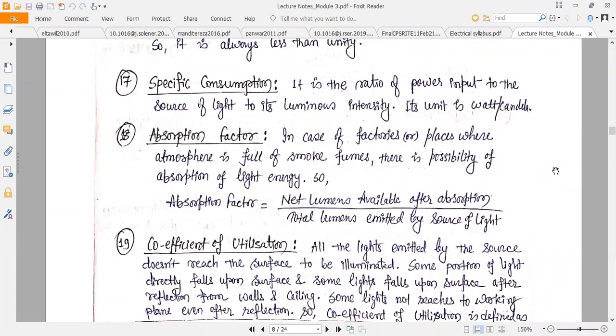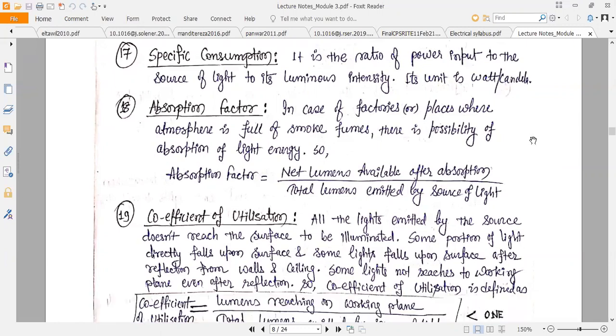Specific energy consumption पढ़े थे ना, like that, it is similar to that. कितना input power हम लोग दे रहे हैं divided by its illumination intensity. Okay, power input का unit क्या होगा, watt, and unit of this luminous intensity is candela, so it is watt per candela. It is a specific consumption.